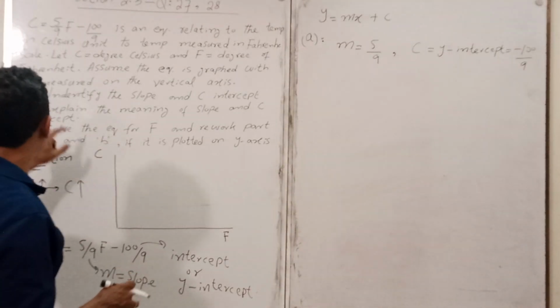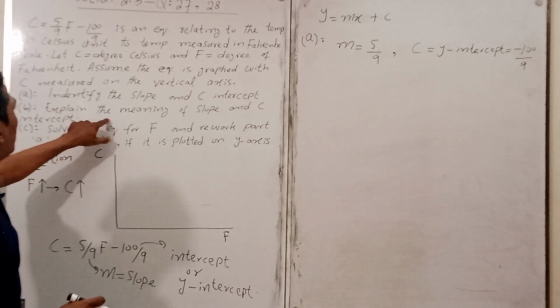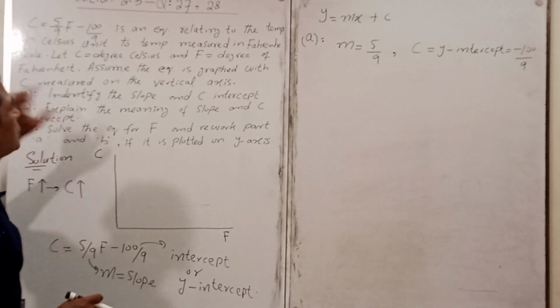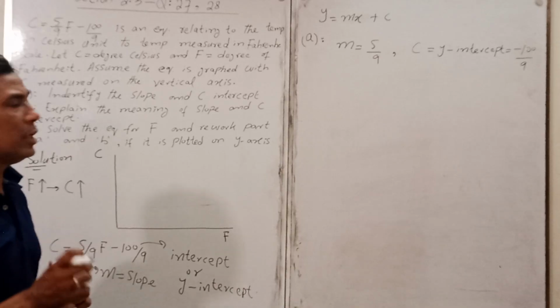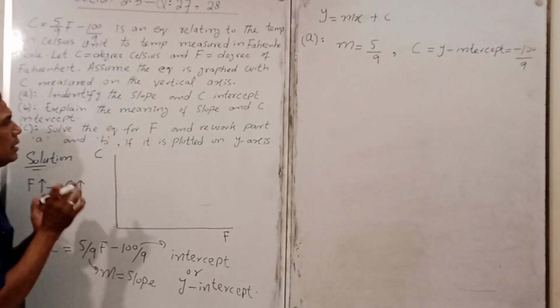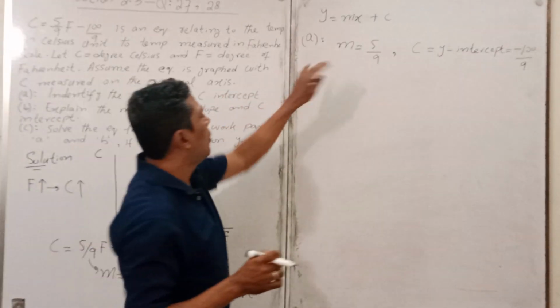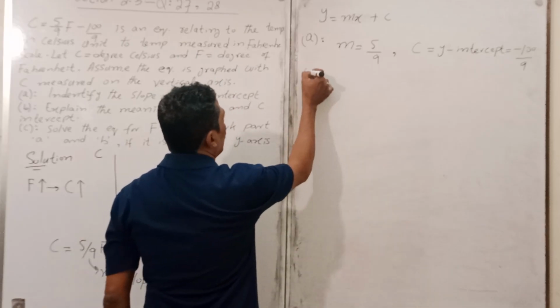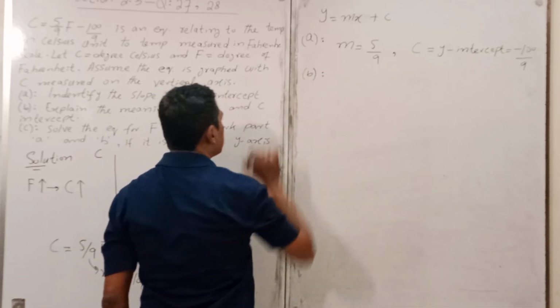Now the second part is to explain the meaning of slope and c-intercept. What is the meaning of this slope and c-intercept?